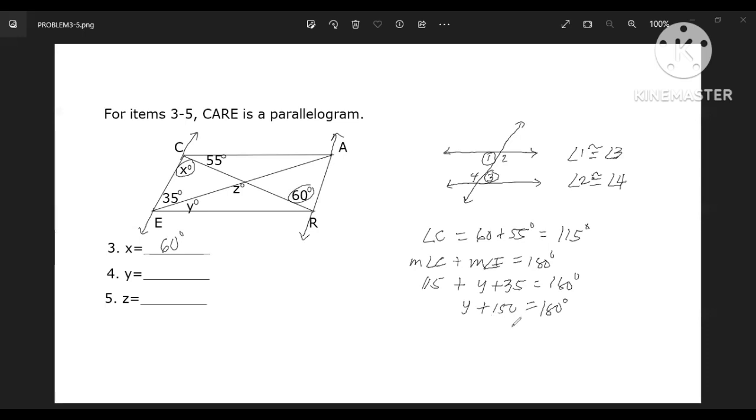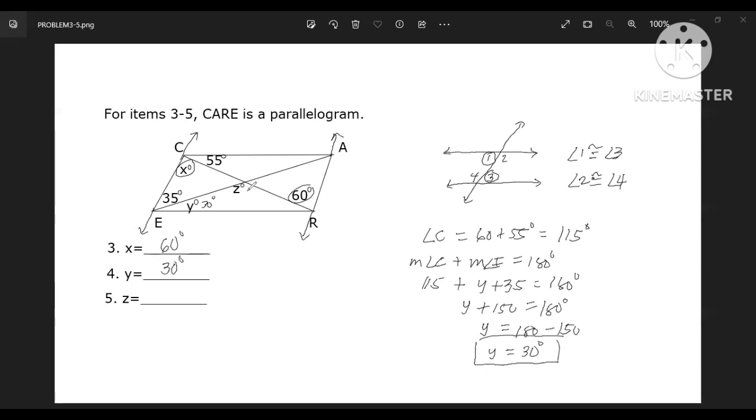So Y is equal to 180 minus 150, or Y is equal to 30 degrees, no? Okay. So that is your Y. Okay, so lagay natin dito 30 degrees.